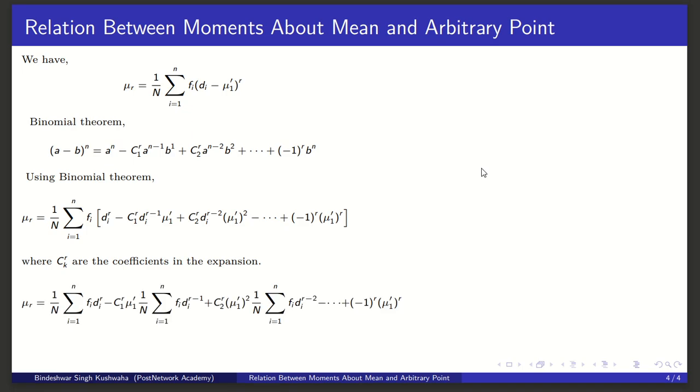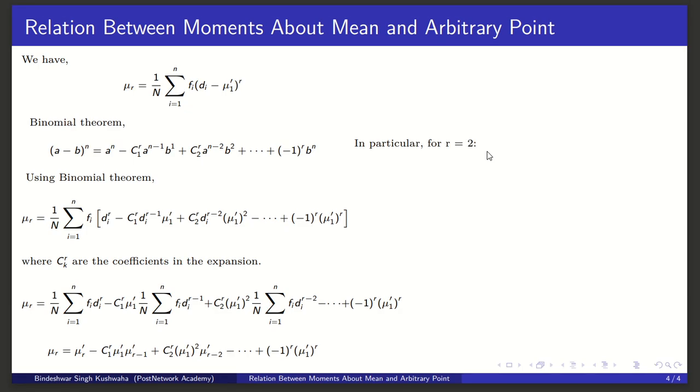And if we distribute summation over all the terms, finally we will get mu r is equal to mu prime r minus C r 1 mu prime 1 mu prime r minus 1 plus, and these expressions we will get. Now if we put r is equal to 2, we will get mu 2 is equal to mu 2 prime minus mu 1 prime square.